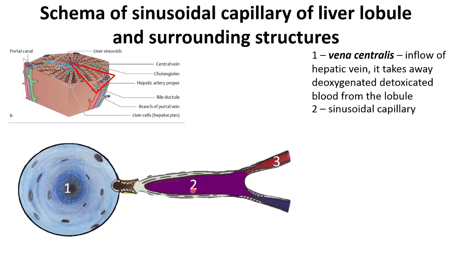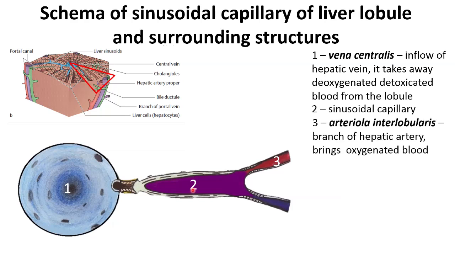So let's designate: number 3 is arteriola interlobularis, which is a branch of the hepatic artery and which brings oxygenated blood to the hepatocytes.